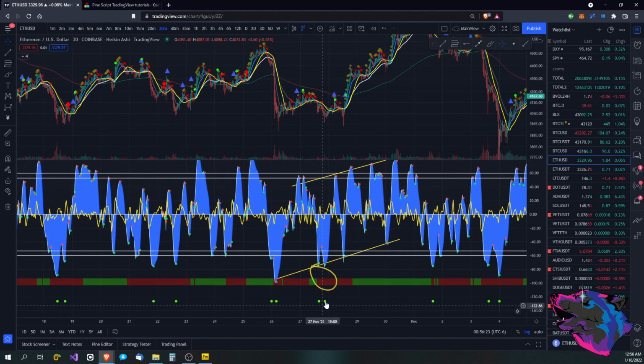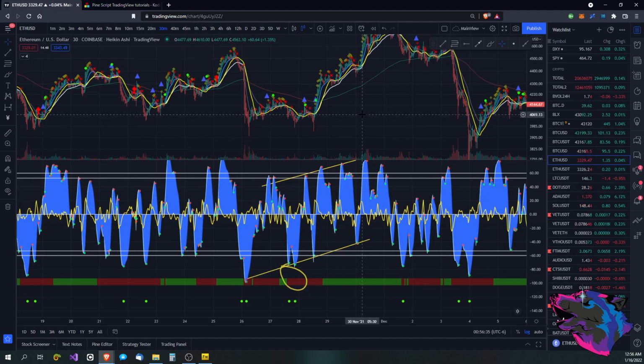this happens to be a double snake eyes. Two of them next to each other, that's your snake eyes. 4 dots near each other tends to signify the bottom, because these green dots are supposed to indicate that it's hit a local bottom.